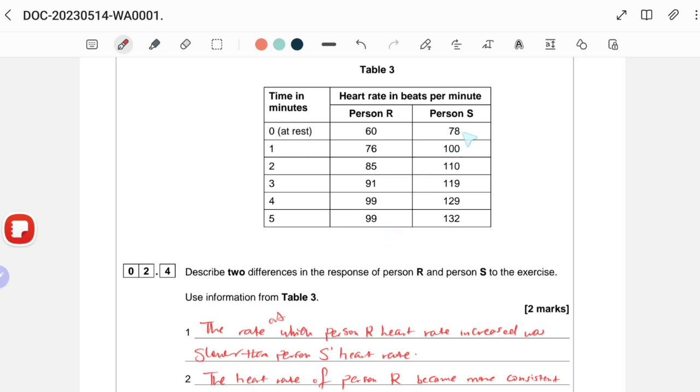Then this one just kept increasing. All right. Then the second that I see here, the heart rate of person R became more consistent. You can see from 85, 91, 99, still 99. That's quite consistent. But this one just kept going like that. All right. So person S might have issues sincerely for that result, but that's not added here.